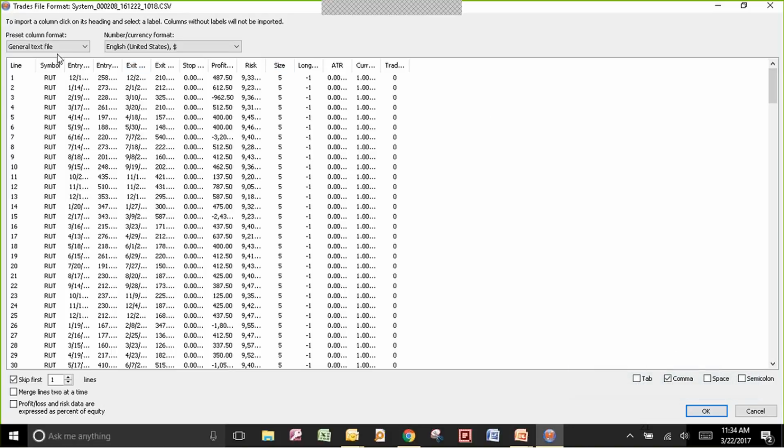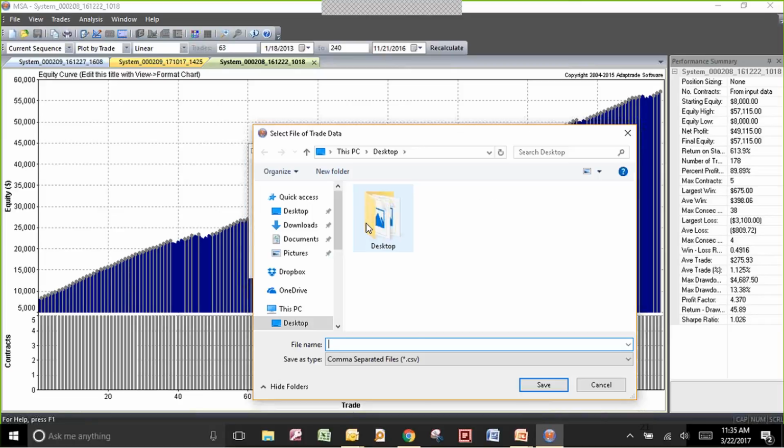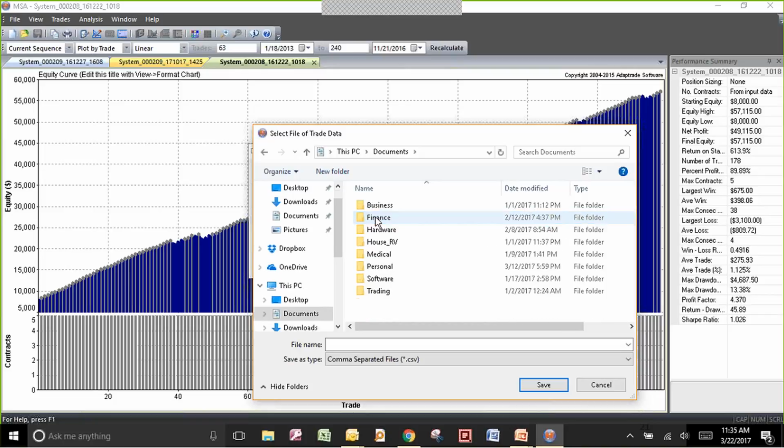So here is one where I've already done the definition, but maybe I can just redo it here and select the same file over again.